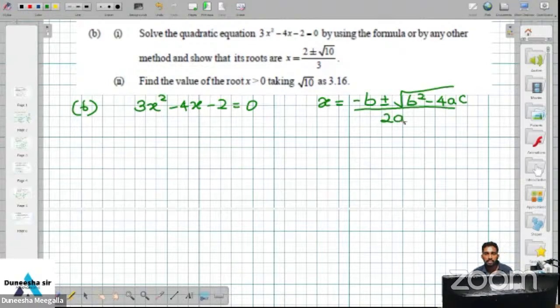The equation has the form ax squared plus bx plus c, where a and b are the coefficients and c is a constant value.